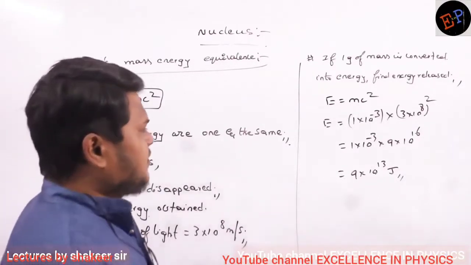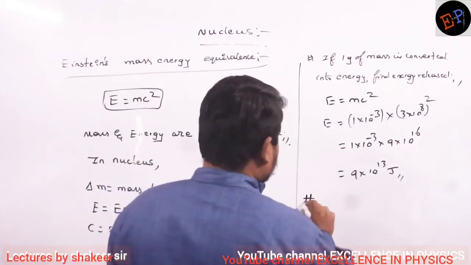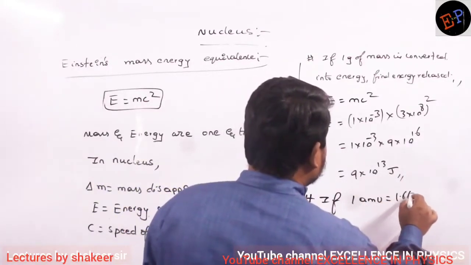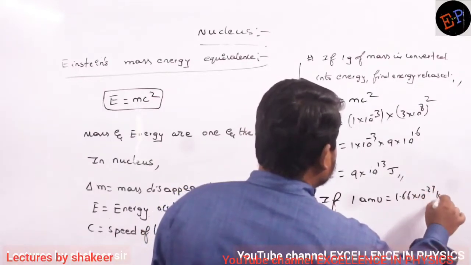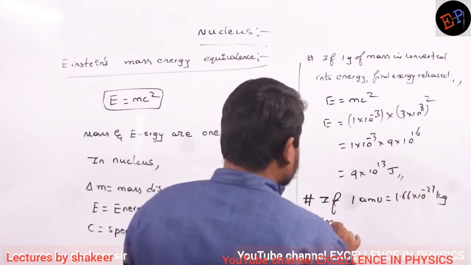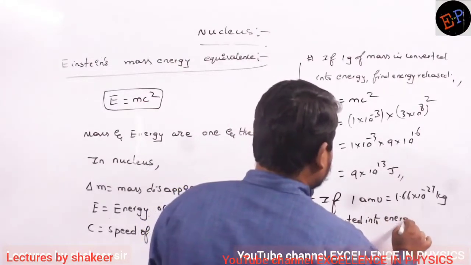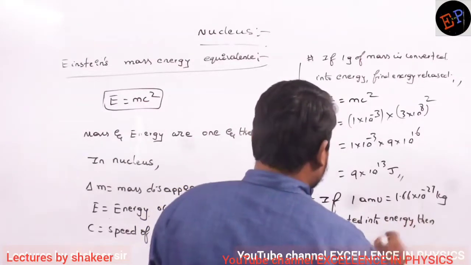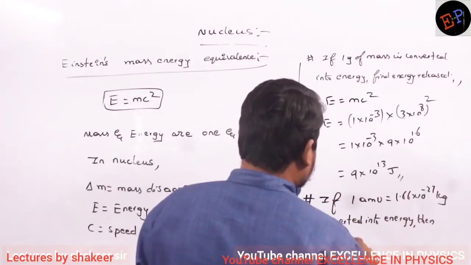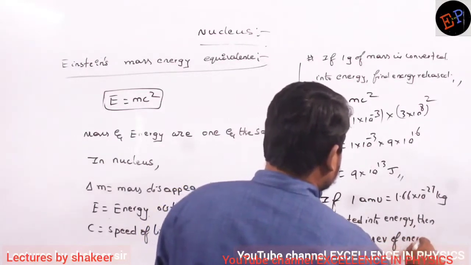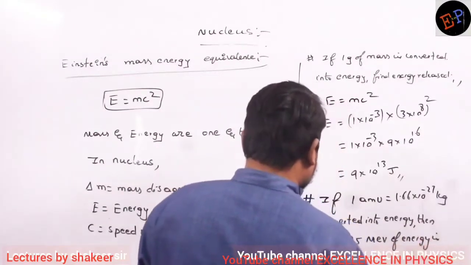That's it. Clear? Similarly, if 1 AMU, which is equal to 1.66 into 10 power minus 27 kg, is converted into energy, then 931.25 million electron volts of energy is produced.